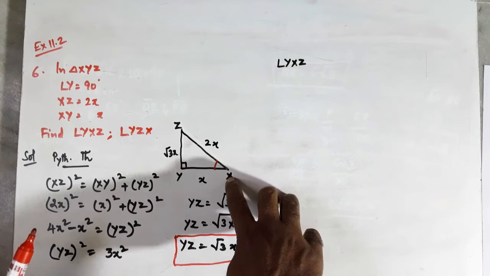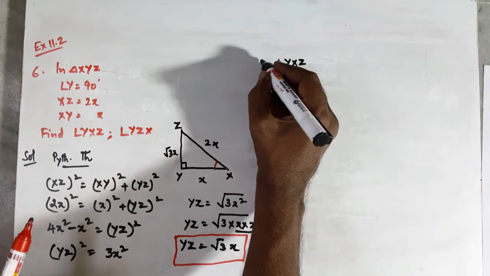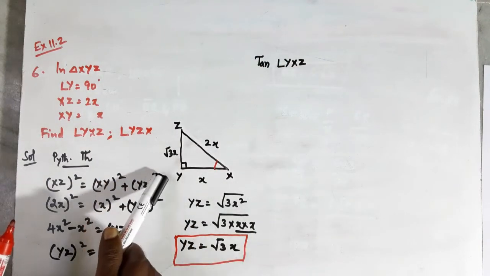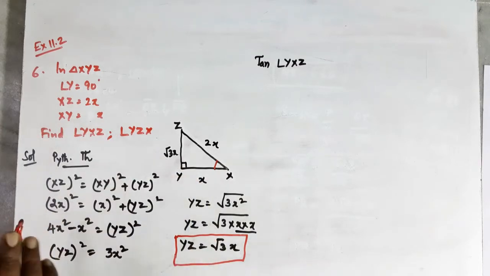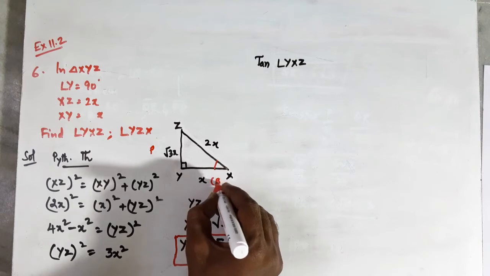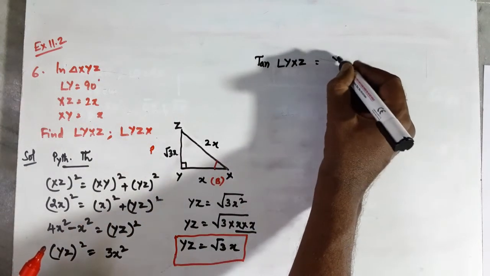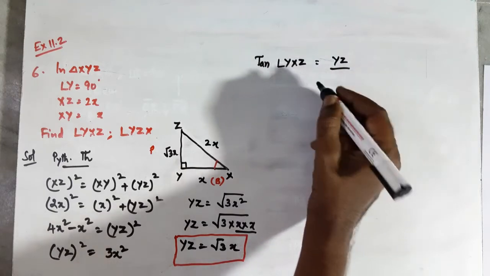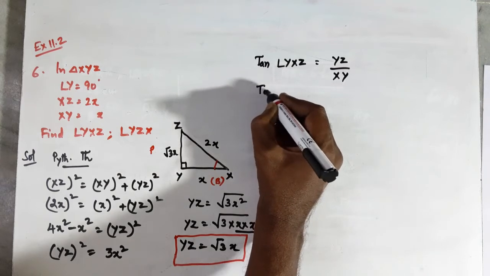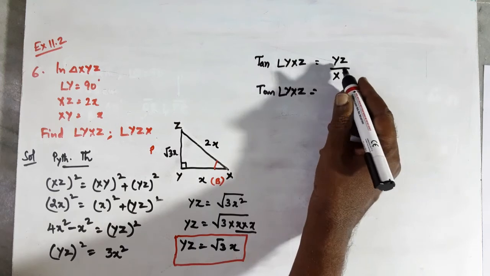From the triangle XYZ I am considering tan, opposite side by adjacent side, that is perpendicular by base. That is YZ by XY.